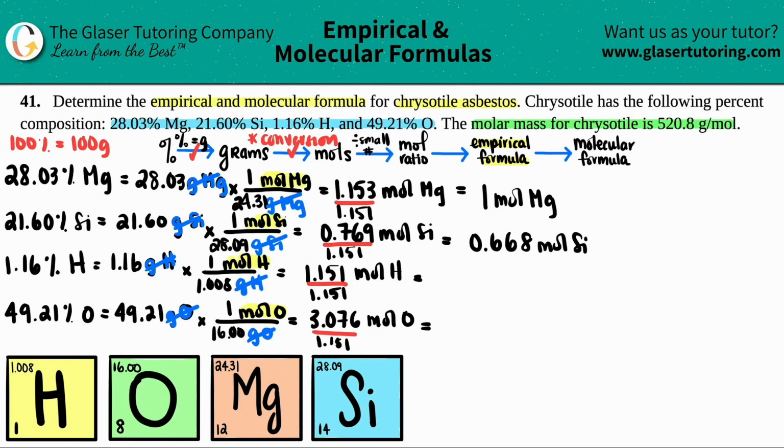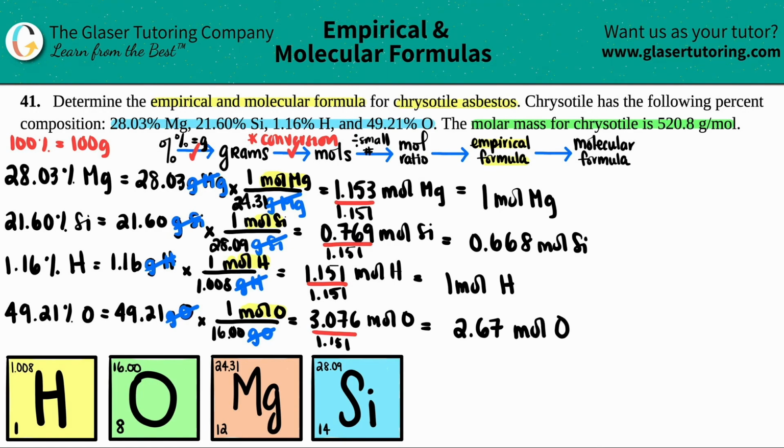So I'm just going to keep it like that. That's okay. This one is 1, so 1 mole of H, and then 3.076 divided by 1.151. I get another number which I can't round up. It's not close enough. It's 2.67 moles of oxygen.